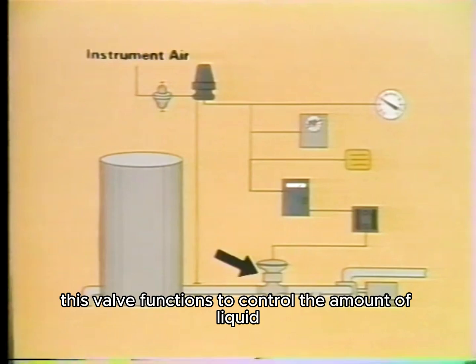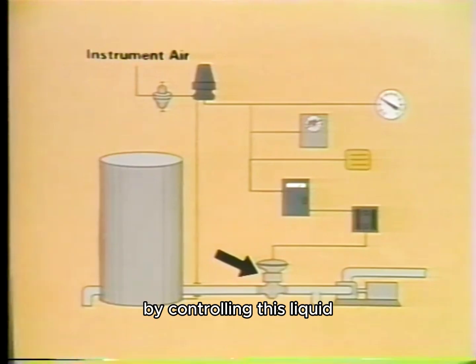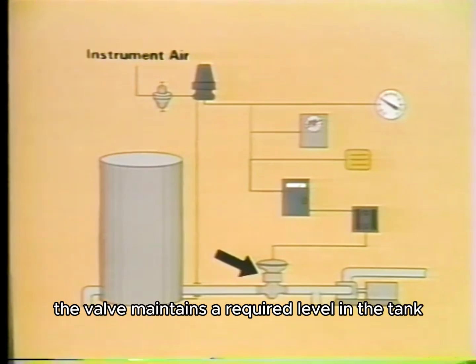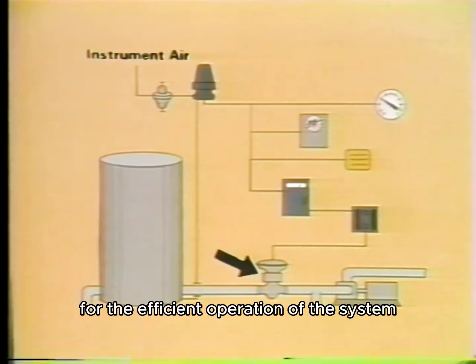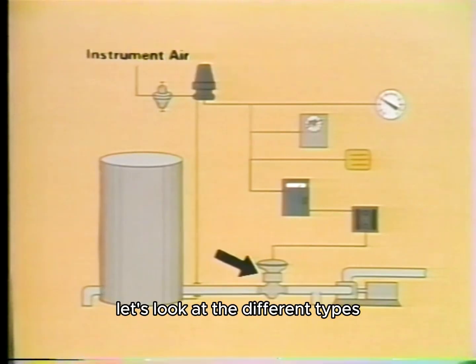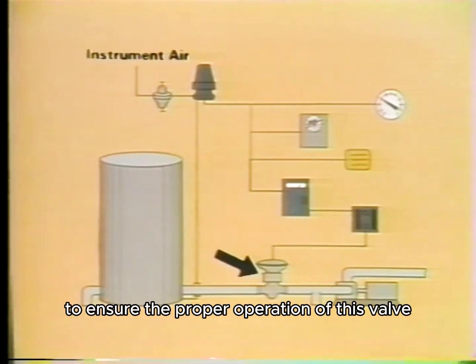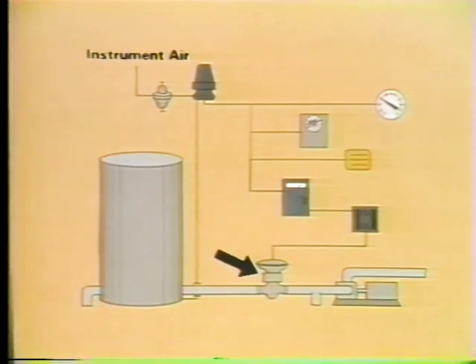This valve functions to control the amount of liquid flowing from the pump to the tank. By controlling this liquid, the valve maintains a required level in the tank for the efficient operation of the system. Let's look at the different types or groups of instruments commonly found in an instrument control system and see how they function to ensure the proper operation of this valve.